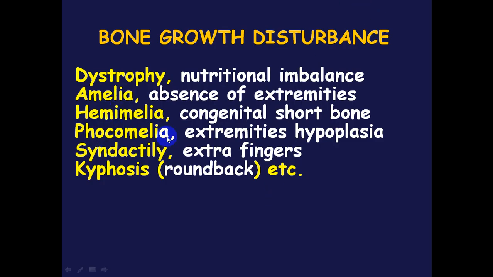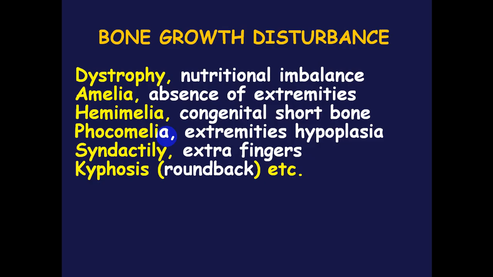It is phocomelia. Phocomelia means hypoplasia in the extremities. It means that the upper part of the bones is also absent. There is misshape or malformation of the upper part of the bones.